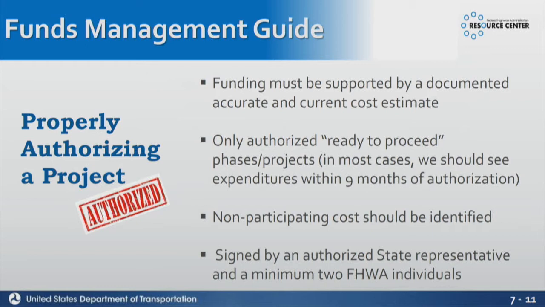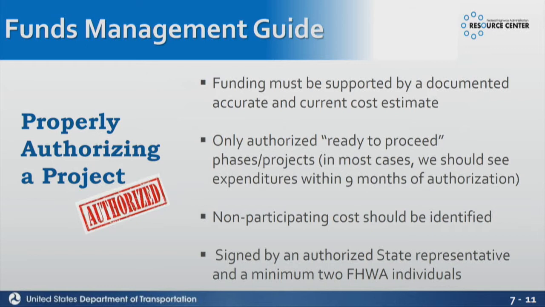When we're talking about design, sometimes it's a little more difficult to identify what that current cost estimate is. I've seen some states say, well, we think construction is going to be $1 million, so we'll use 10% of our construction cost as our PE. So they might say $100,000 for PE. That might be okay, but you should have a method for going back and checking whether that's really accurate, because it may not be accurate on every project.